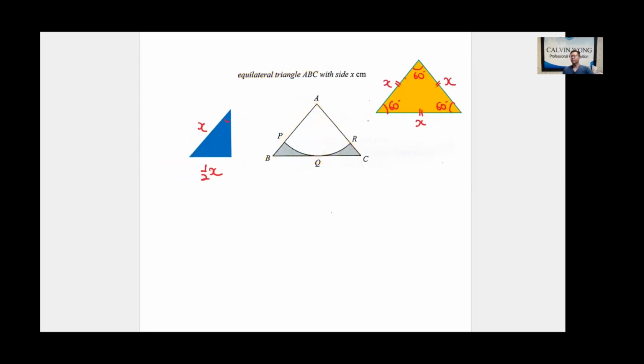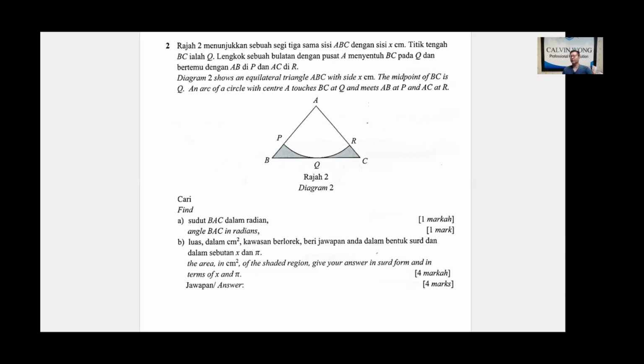Let's look at what information is given. This one is x, and half x is here. That's the information I have. How about the value? No, it's not given. Let's look at the question. They only ask for the angle BAC in radians.